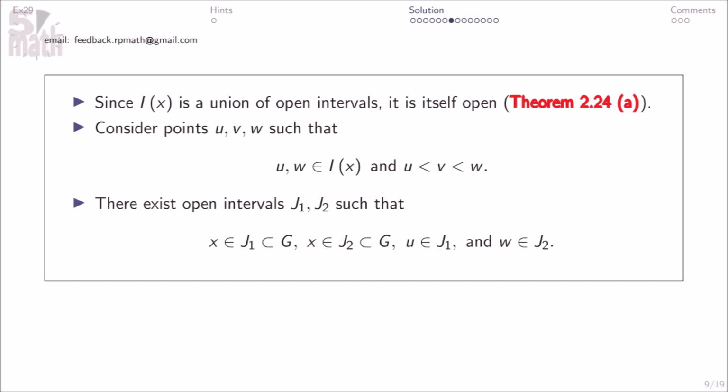Since I of x is a union of open intervals, it is itself open, Theorem 224a. Consider points u, v, w such that u, w element of I of x and u less than v less than w. There exist open intervals J1, J2 such that this.